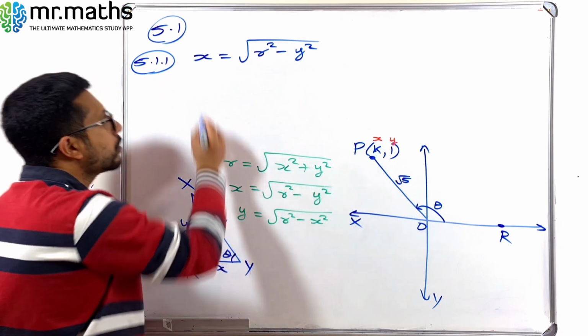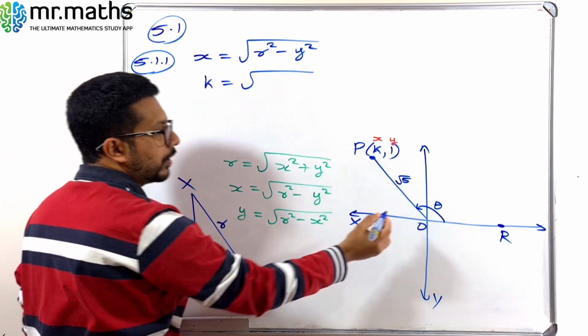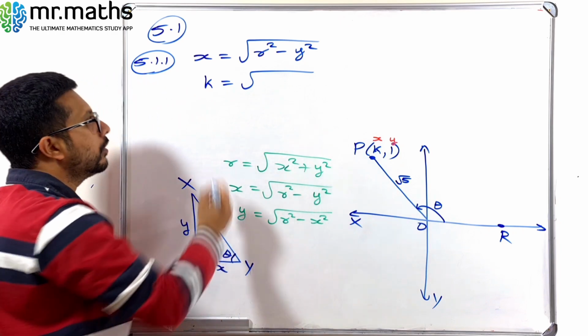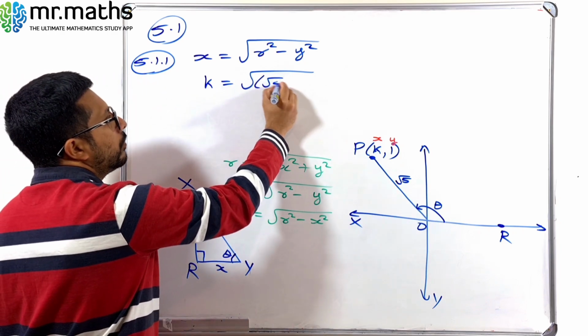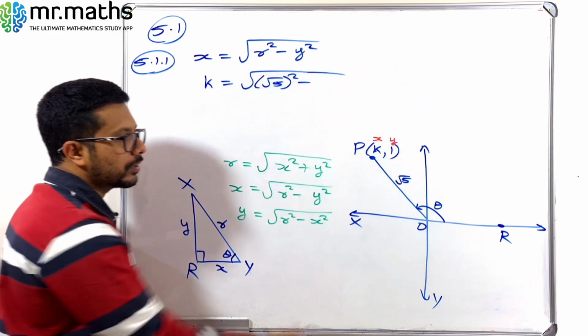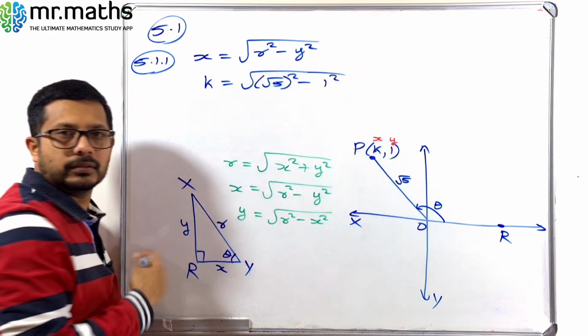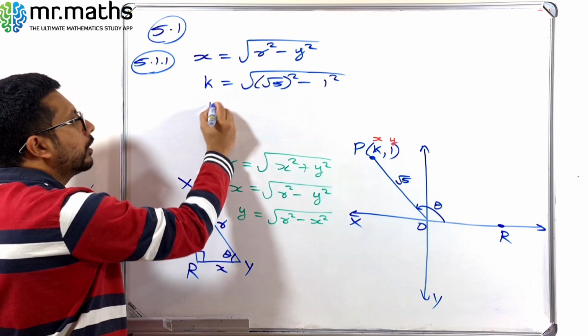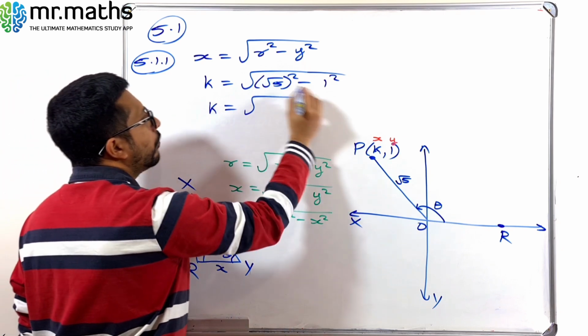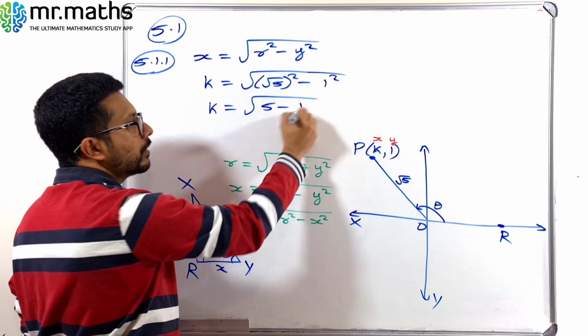What is x here? It is k. So k is equal to root of r squared. What is r? Root 5. So it is root 5 squared minus y squared. What is y here? 1. So it is 1 squared. Then find the answer. K is equal to root of 5 squared, which is 5, minus 1 squared, which is 1.